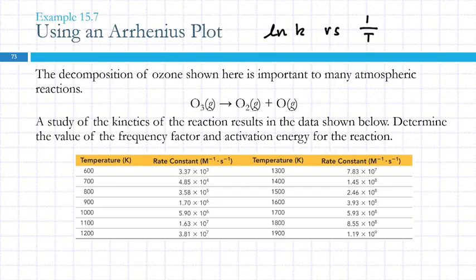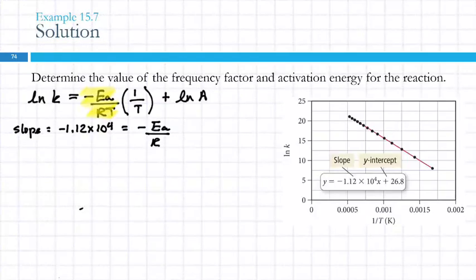So you would need to do some calculations on these numbers. For temperature, you need 1 over the temperature. So that'll be 1 divided by 600, 0.00167 for each of those. You calculate; I left out the T because this is x. So we have 1 over T here, that's represented by x.